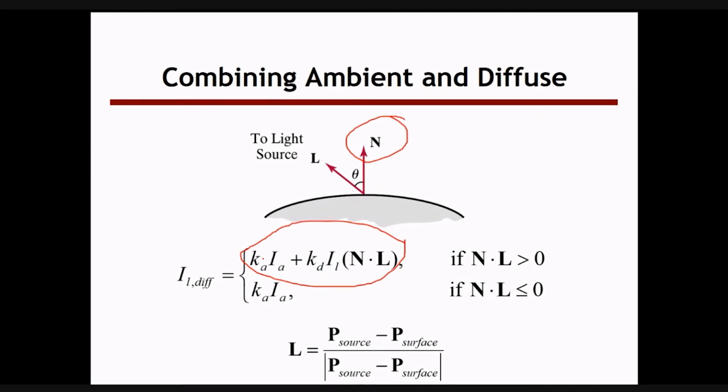Whole of this is multiplied with the factors. If it is independent, then you do not have to consider them, but if it is dependent, then you have to consider all of the factors that are present. Orientation is present over here, so we need to consider this. And if it is less than 0, then you can just go ahead with the ambient factor. And how you get this L is nothing but P source minus P surface.